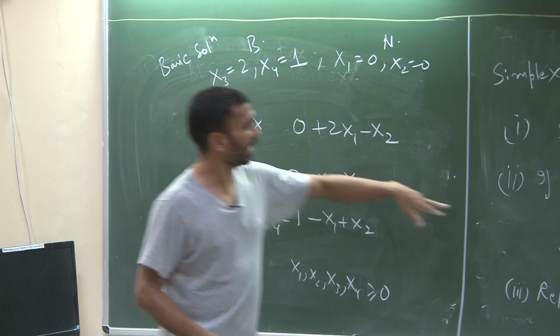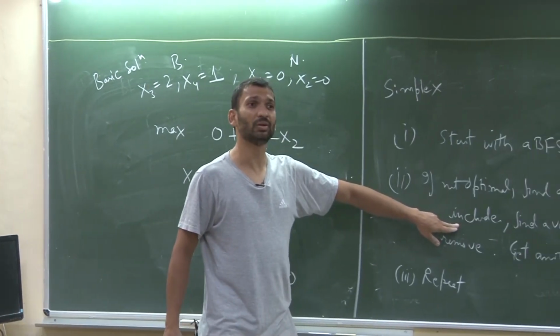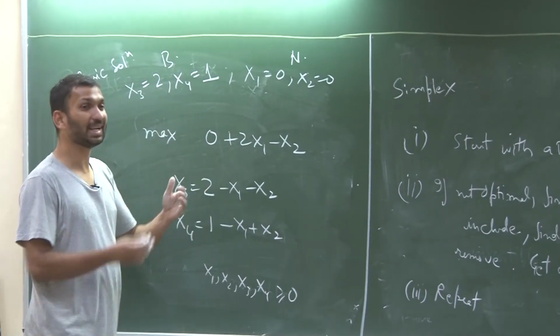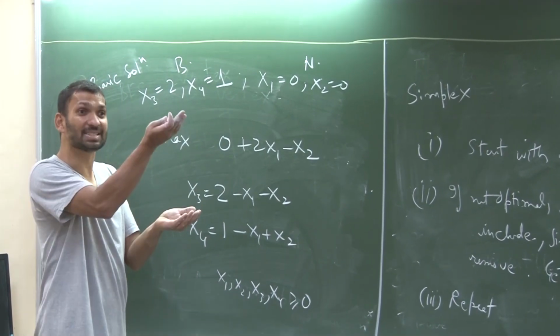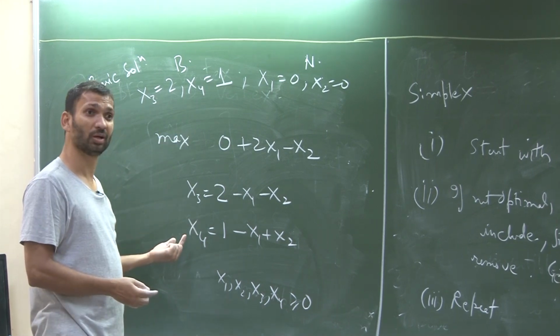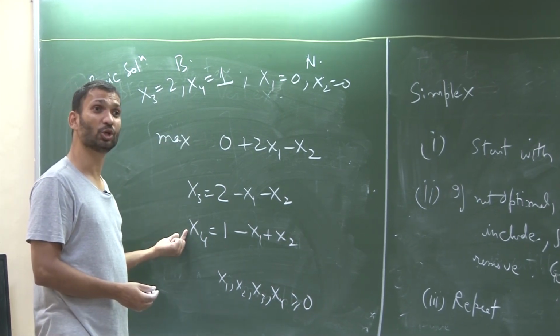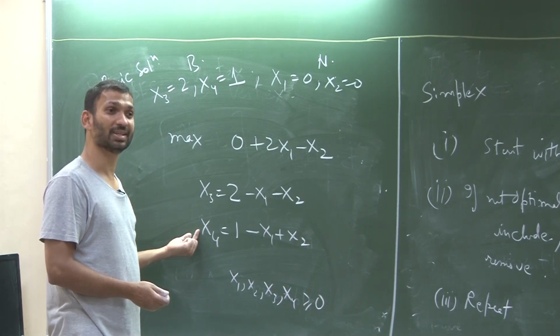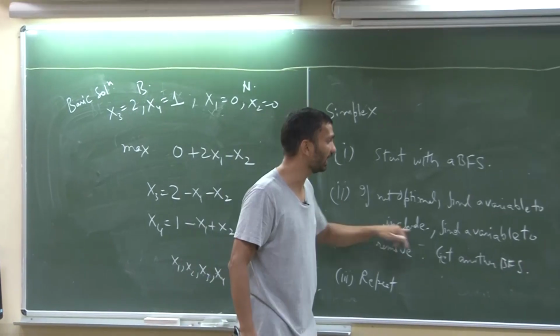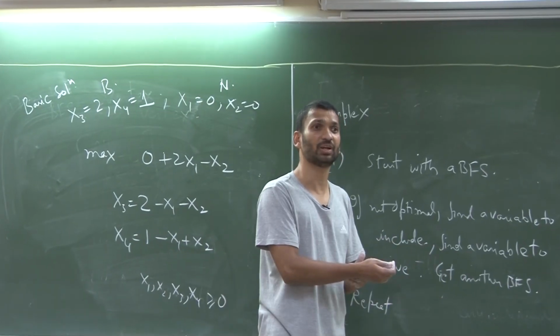So now x1 will be my variable which I want to include. But when I increase x1 from 0, I have to make sure these should not become less than or equal to 0. So this will tell me how far I have to move on the edge when I encounter a vertex.